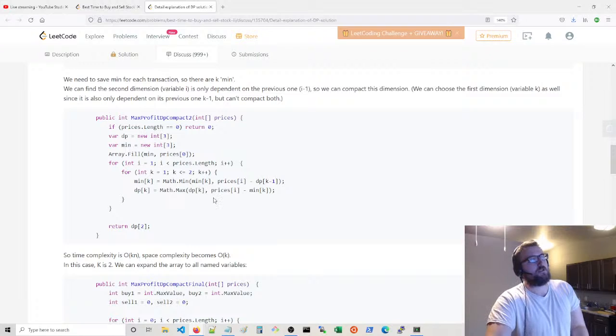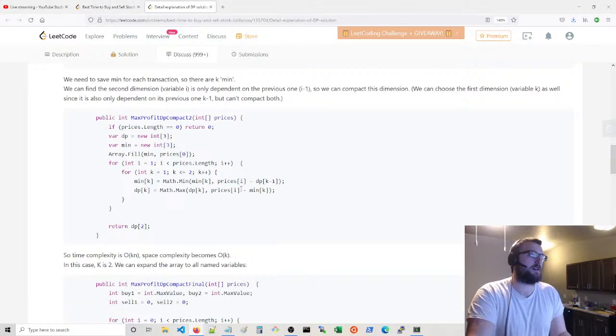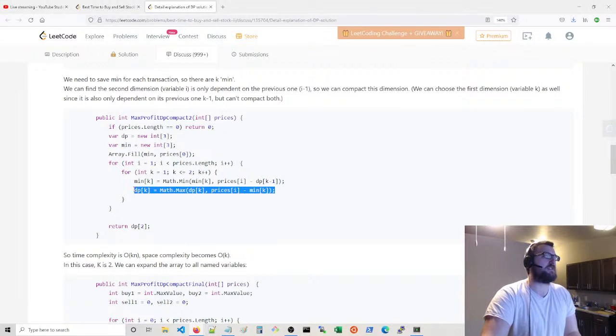Yeah. So the only way that min of k would change is that it gets smaller, and if it gets smaller, the only thing it can become is the price of i. So if min of k didn't change, now you're checking your dp against the price, and let's say you get a better price. So let's say the price goes up, right? Now you update dp of 1.